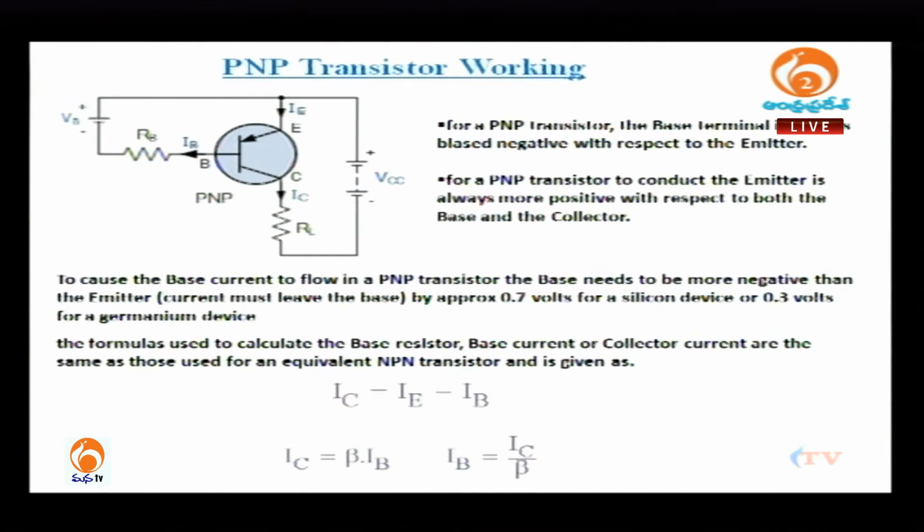Now, next, going to the PNP transistor working. In this PNP transistor working, we connect the circuit like this one. Here we have a base resistance and an emitter resistance. When forward bias is connected to this emitter base junction, a small base current will flow into the terminal.